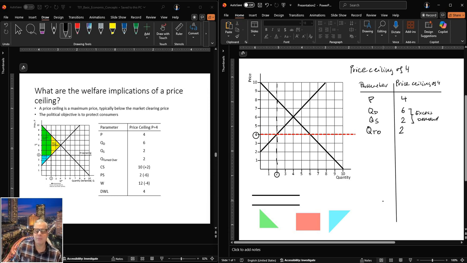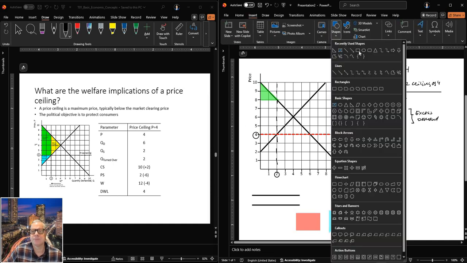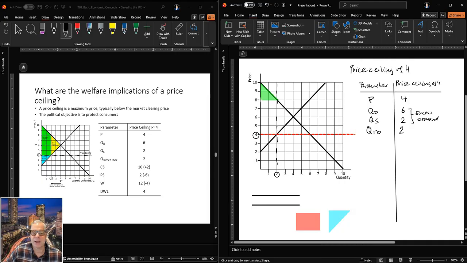Okay, so now how big is consumer surplus? Well, consumer surplus is everything above the price and below the demand function, because the demand function is a line-up of the reservation prices all the way up to the quantity turned over. So this little triangle is part of consumer surplus, but now we need to add also a rectangle. So let's add a rectangle too.